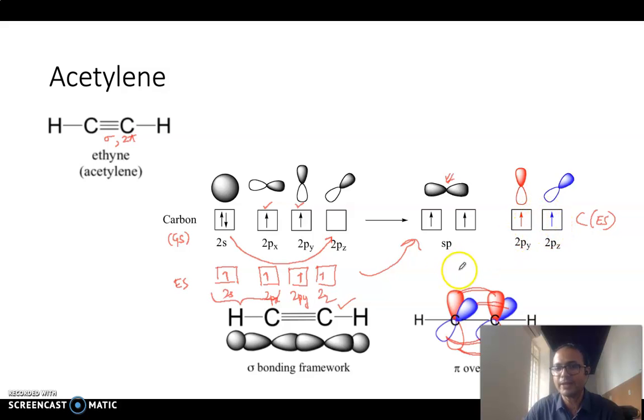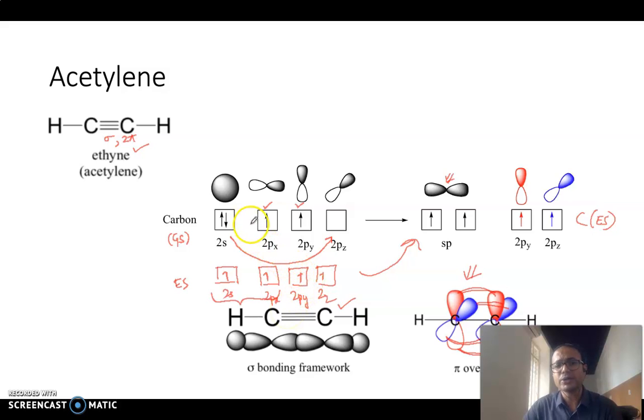And that is why we have two pi bonds possible in the case of acetylene. So that is how valence bond theory clearly explained the formation of sigma bonds and pi bonds in the case of the ethyne molecule, and it clearly explained the overlap and the formation of bonds in terms of atomic orbitals.